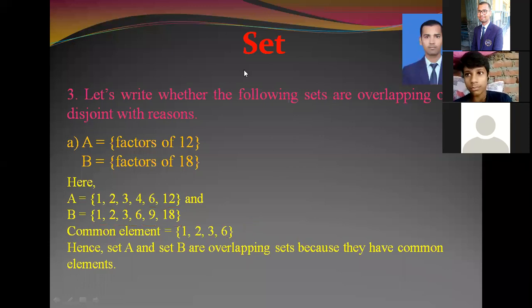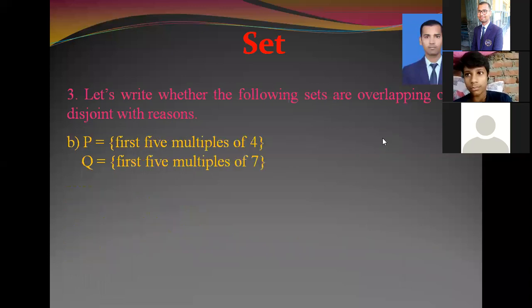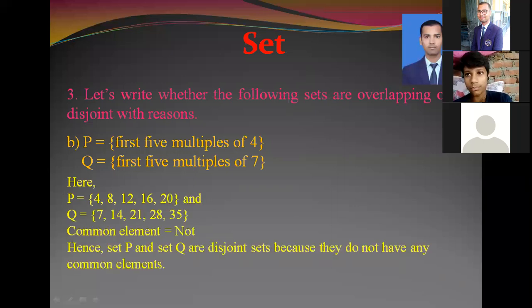In the same way, let's talk about the other question, question number B. P is equal to first 5 multiples of 4, Q is equal to first 5 multiples of 7. As given in our question, we first need to write the sets by the listing method.